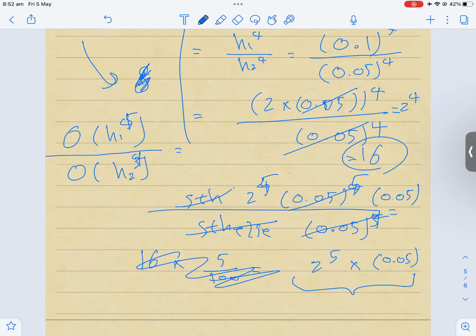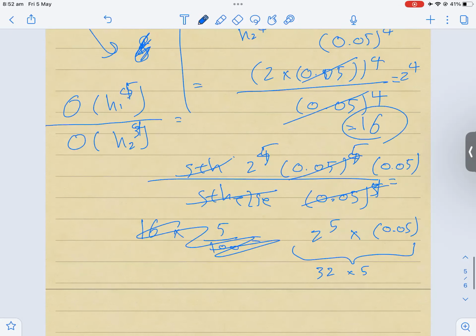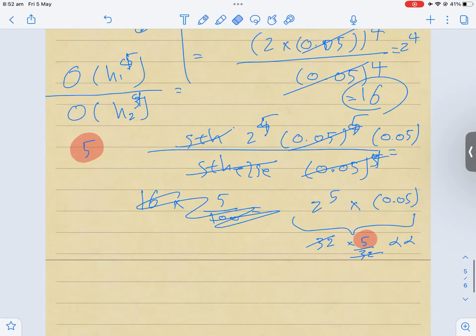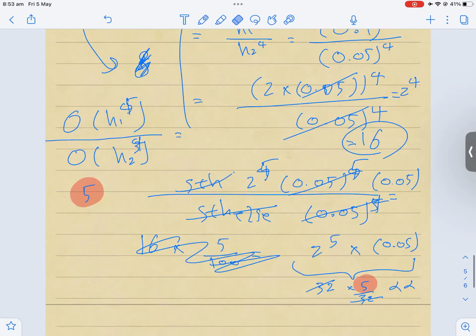Nevertheless, 32 times 5/32. But you should get, if you divide that, this should be 5. But you get better than 5, you get 14 or 16. This means your Runge-Kutta is even better.